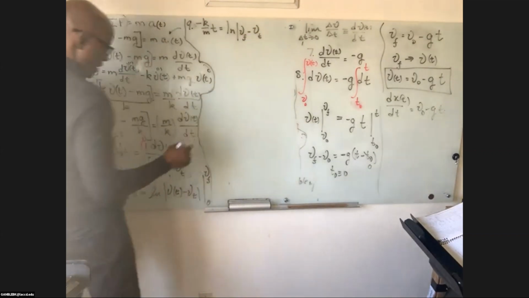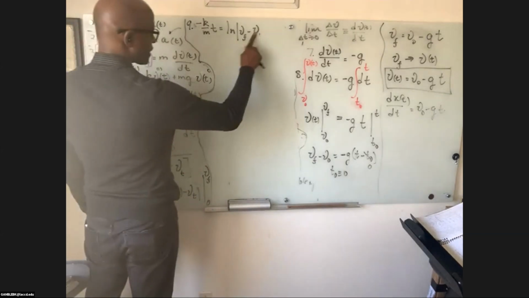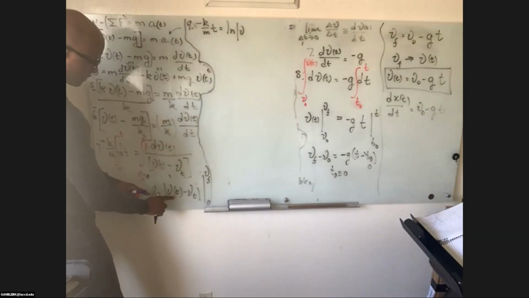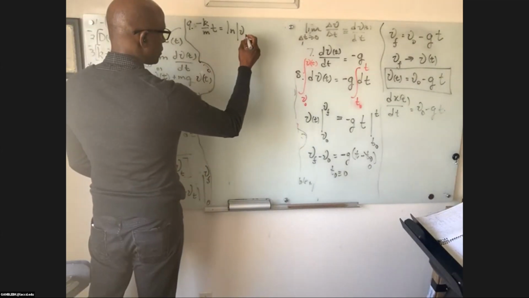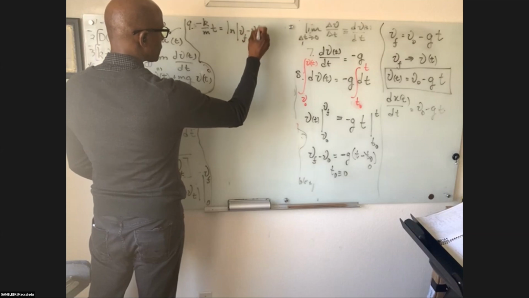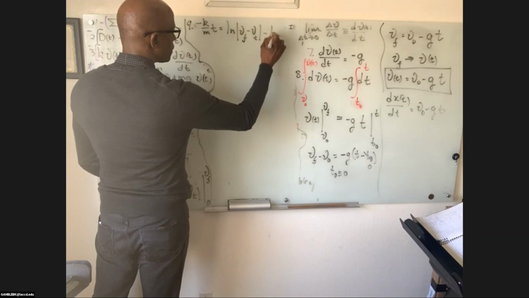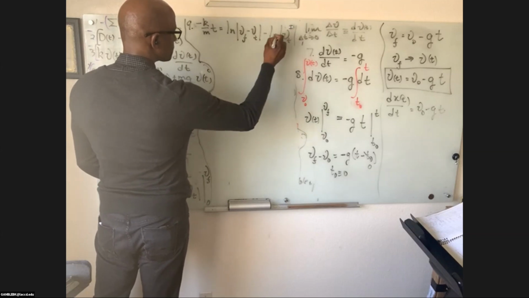In fact, I'm going to go ahead and write the v final as a v of t, because it's at any arbitrary time. Don't let that confuse you, right? I know I got a v of t in there and then substitute in, but whatever. Or maybe I'll do it at the end so you know what I mean. So minus v sub t, and then minus log of v sub t.